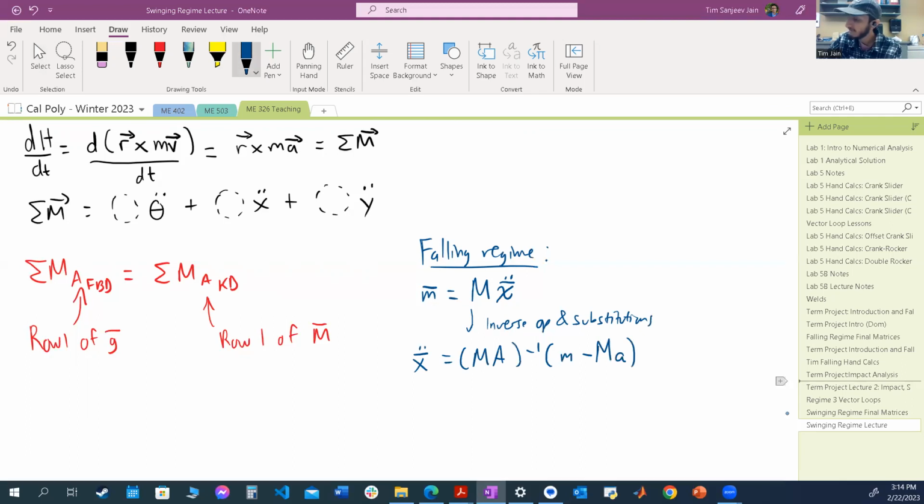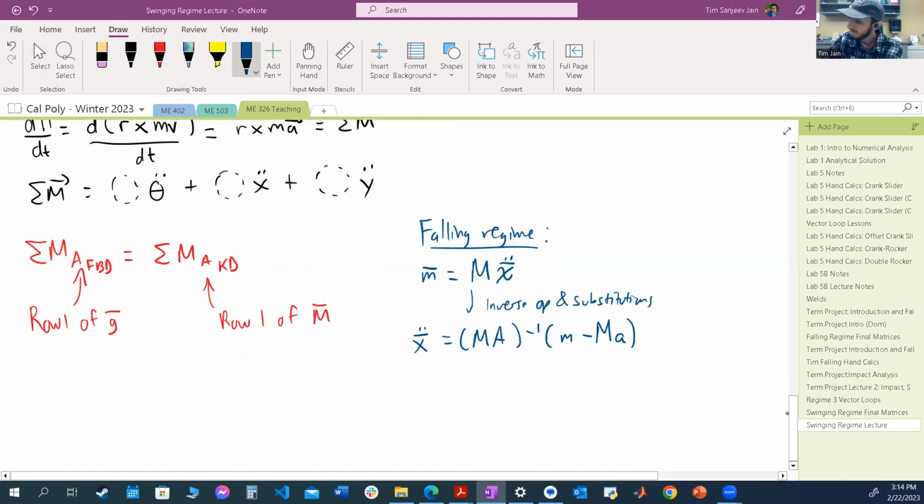It's the same process. So G bar is equal to M, and this M matrix is not the same. So this is MJAI, not the same as MJBI, times chi double dot.